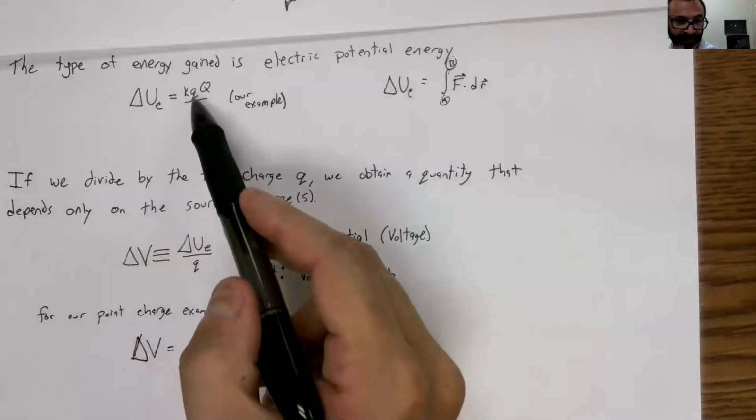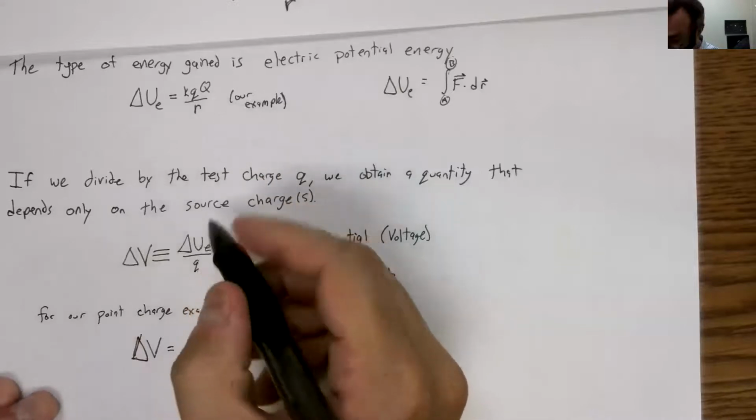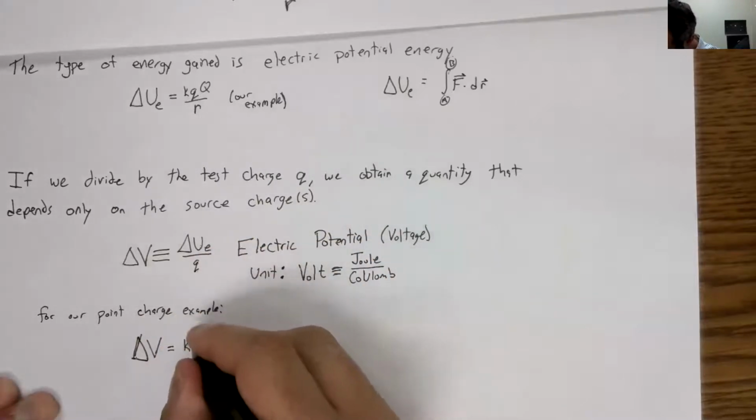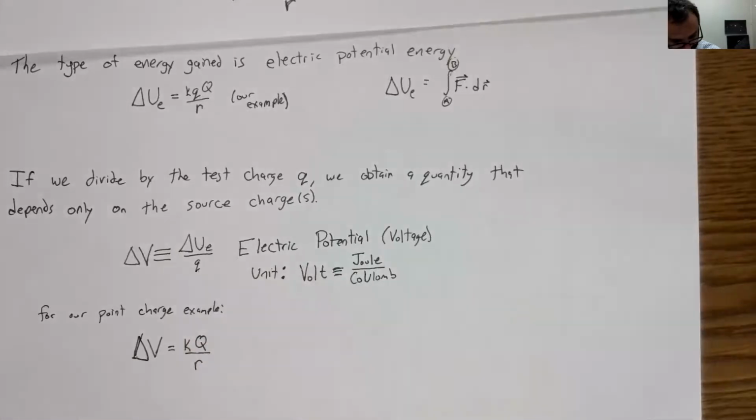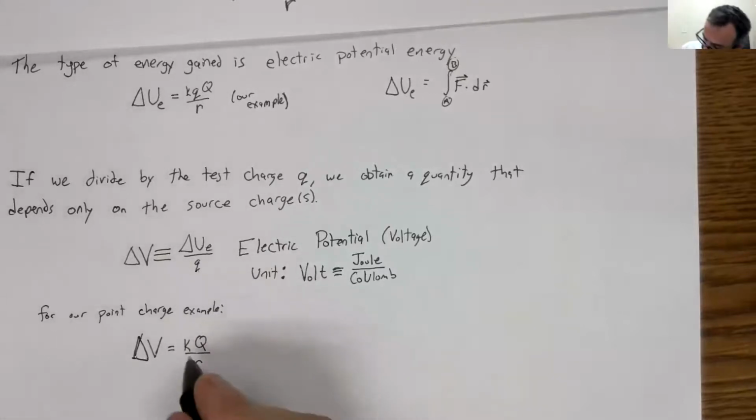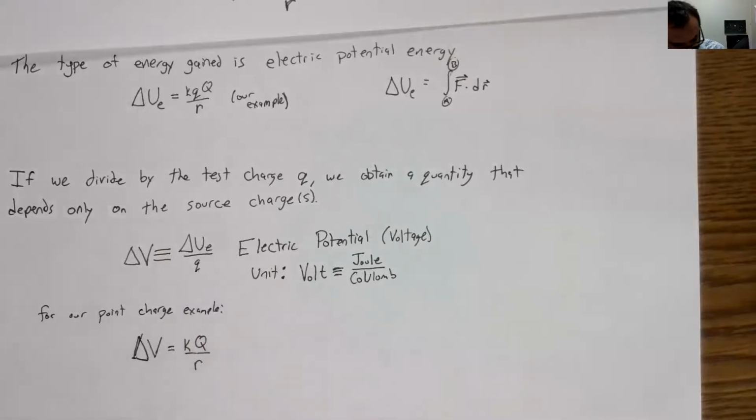So that just means we divide this q out and we just get k times the source charge over r, which ends up being a pretty simple value to work out. It's similar to the electric field, except it's not r squared, it's r. And there's no direction. Potential is a scalar value, so we don't have to worry about the r hat, which is nice when you're solving problems.